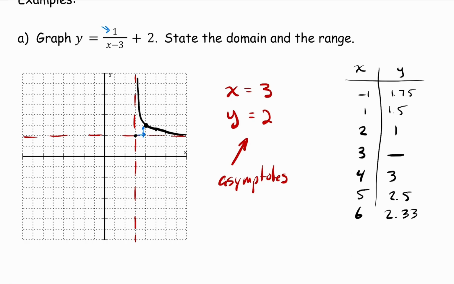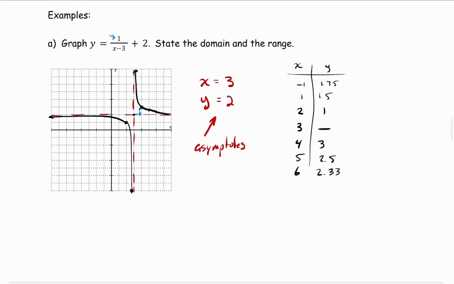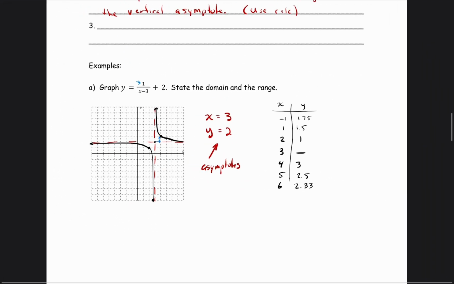And then we can sketch that in. Going the other way, again, I know that I'm 1a away from that, and then the rest of this is just going to get really, really close. More points makes your graph a little bit better. So that gives us our graph.